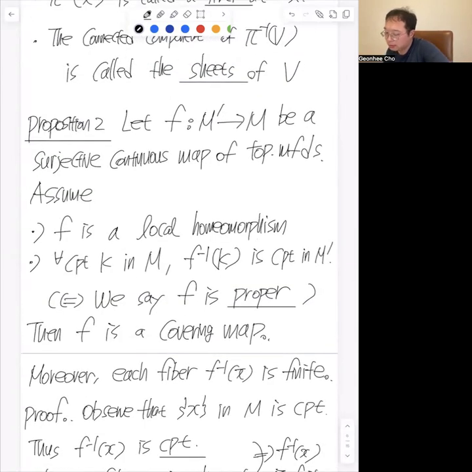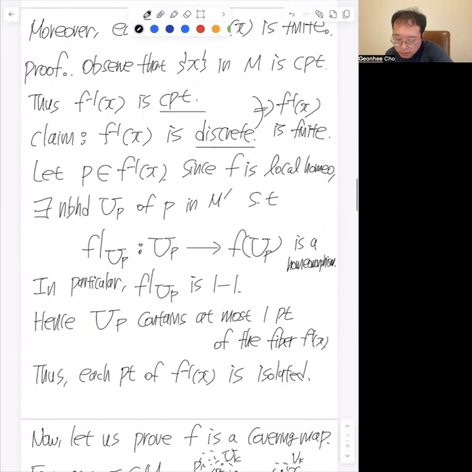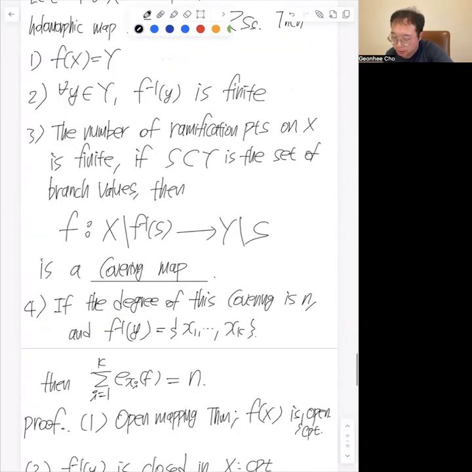So we just need to see why each of the two hypotheses is satisfied in this setting of a holomorphic map between two compact Riemann surfaces. We also know that the ramification points should be discrete.